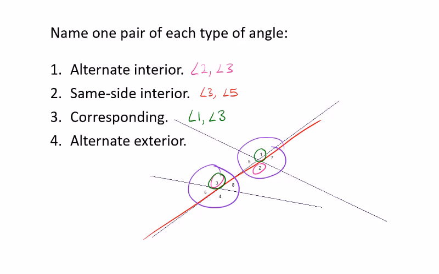In this case, I'm going to pick angle 6 and angle 7. They're both exterior, outside of the two lines the transversal is crossing. 6 is on top and 7 is on the bottom of the transversal. So angle 6 and angle 7. I'll let you find the other pair of alternate exterior angles.